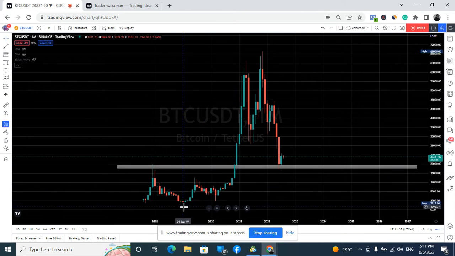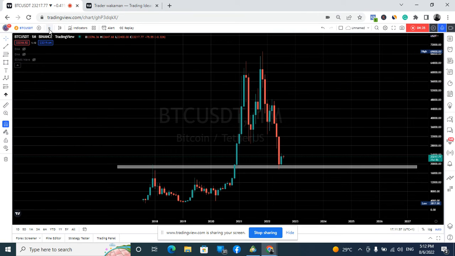But after it did 1, 2, 3, 4, 5, the correction is A, B, C. But if it eventually breaks this zone, the market will be coming down to around 16 or 11,000. The price will be coming to around 16 or 11,000.